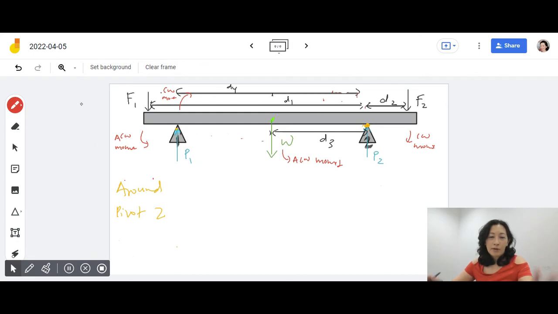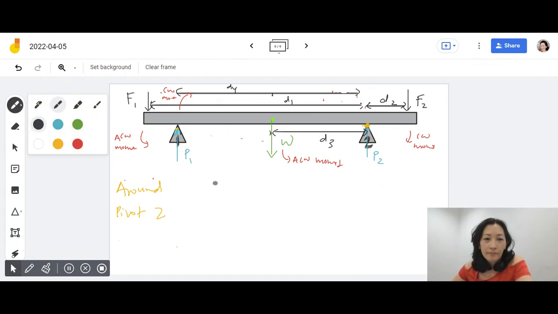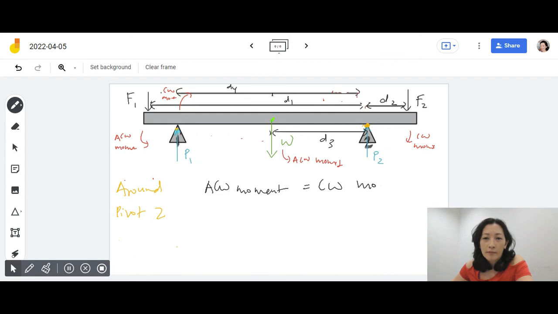So that means when you have two pivots, you actually have to take one pivot and then you ignore the other pivot, but take into account the force from that pivot. So now you have anti-clockwise moment equals clockwise moment. Anti-clockwise here is F1, so F1 D1 around P2, plus the weight times D3.